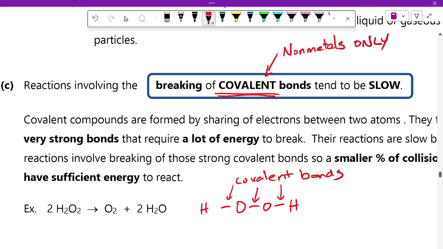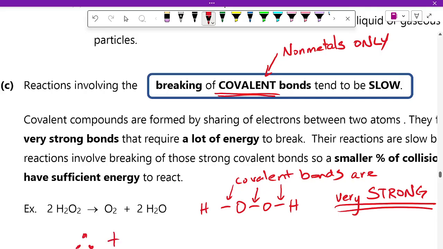And covalent bonds are very strong. Yes? Covalent bonds are very strong. You should know that. If they are very strong, how much energy do they need to be broken? A lot. Yes. Therefore, they require a lot of energy to break.